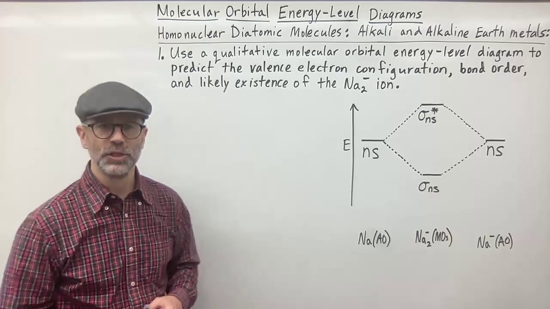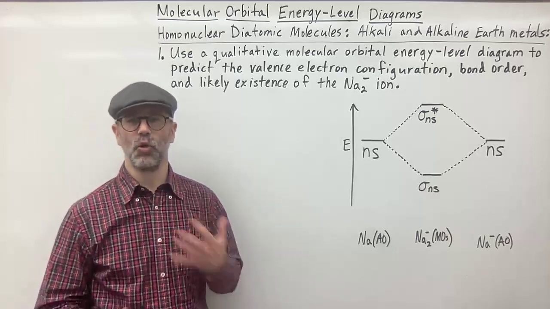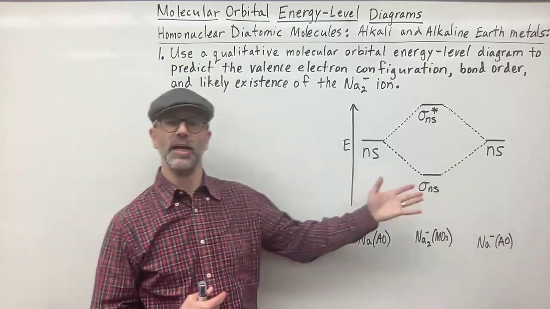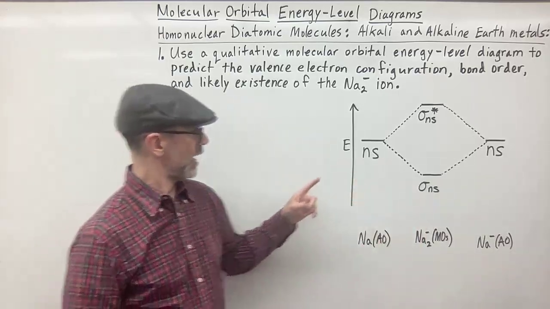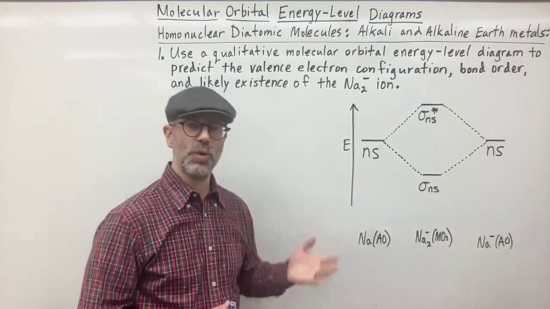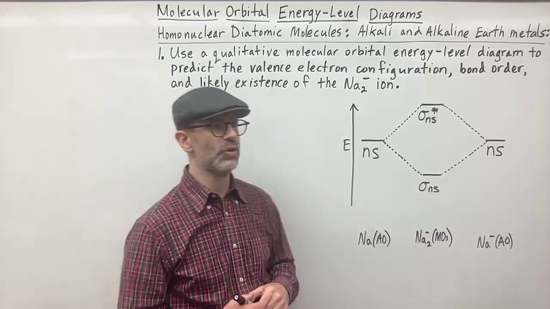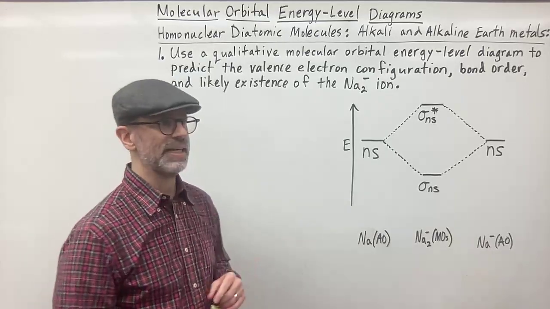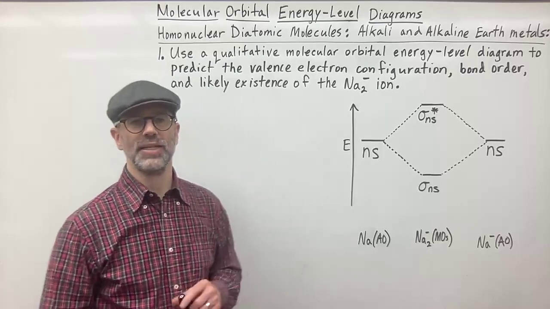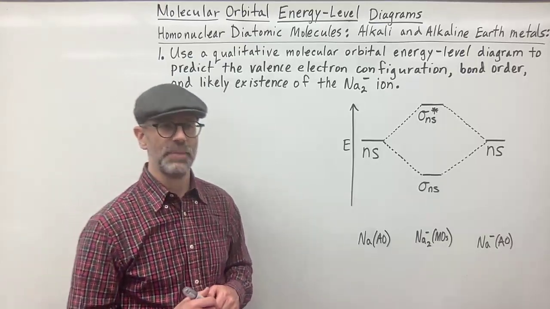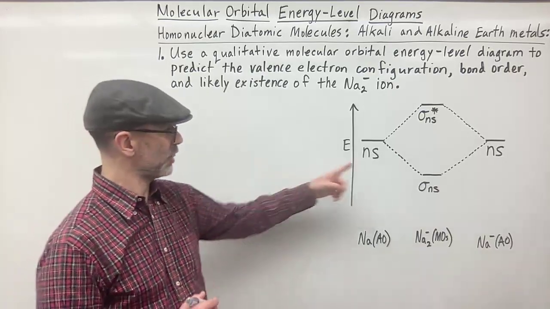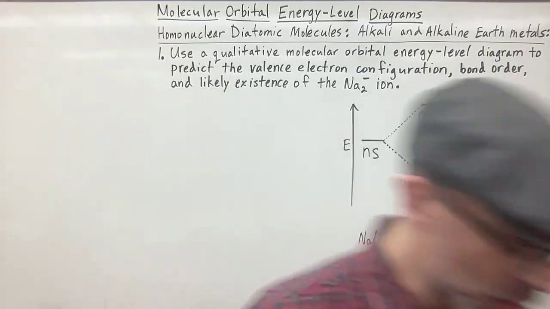Okay, so the first thing we need is a molecular orbital energy level diagram, and we happen to have one here. It's generic, meaning that here we have n instead of 1s or 2s or anything like that. Since this is sodium, it's in group 1, so it's an alkali metal. It's in period 3, so this would be n = 3. Let me double check to make sure I'm right about that.